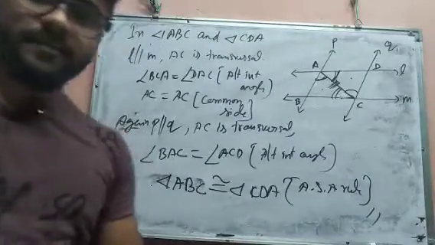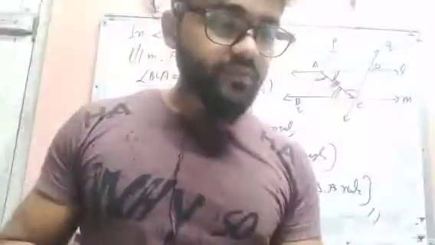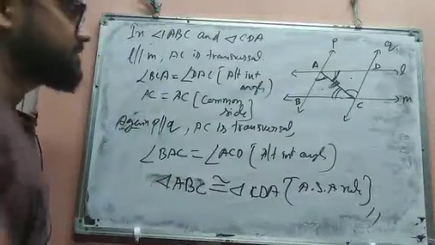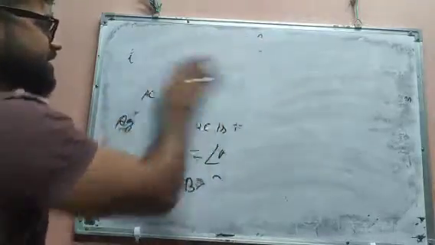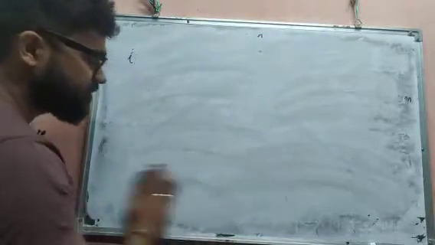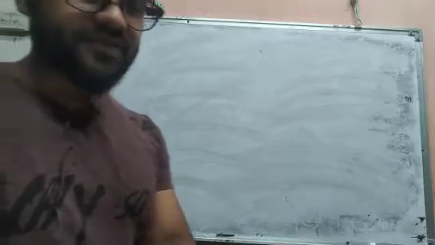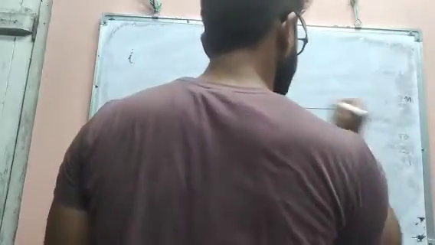So next, we are going to discuss question number 5. In question number 5, what is given? There is a diagram. The diagram is already given, so no need to worry about it. We will draw it like that.